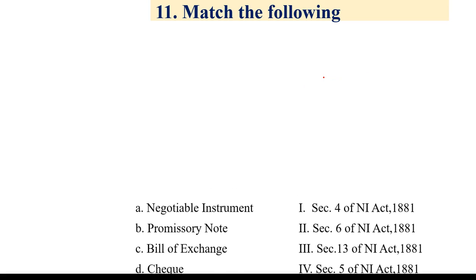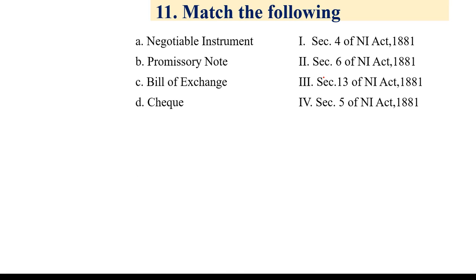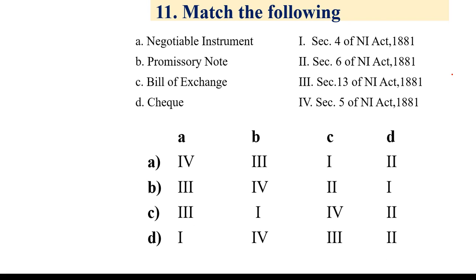Question number 11, match the following. So this is a tricky question. Let's see how many students give the correct answer. Match the following. So match negotiable instrument, promissory note, bill of exchange and check with these sections. Okay, so we'll see the options.